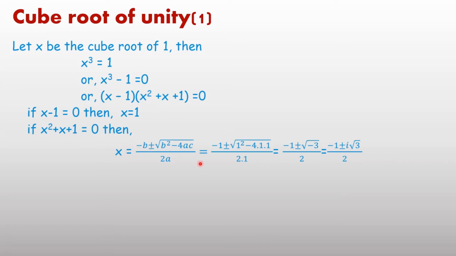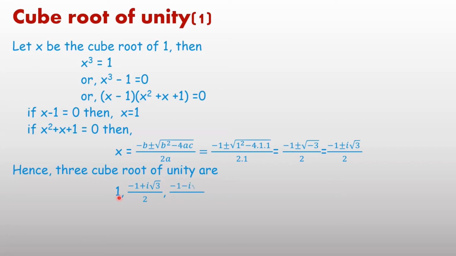Put the values of a, b, c here. You will get minus 1 plus minus i root 3 upon 2. It implies the cube roots of 1 we are getting are: 1 root, the cube root is 1, the second cube root is minus 1 plus i root 3 upon 2 taking positive sign, and the third cube root of 1 is minus 1 minus i root 3 upon 2.